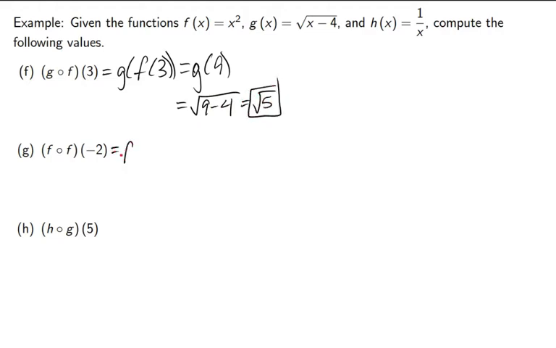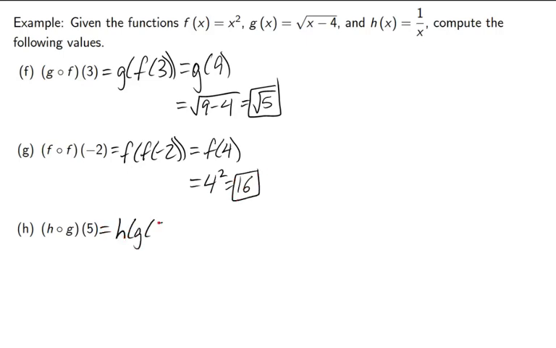f of g of negative 2. Write out what it means. F of negative 2 is going to be negative 2 squared, which is 4. So I get f of 4, which is 4 squared, and that's 16. H of g of 5.